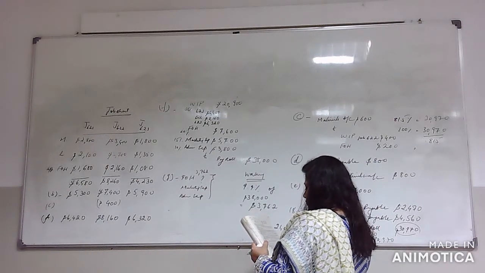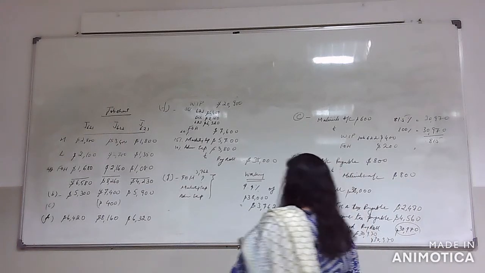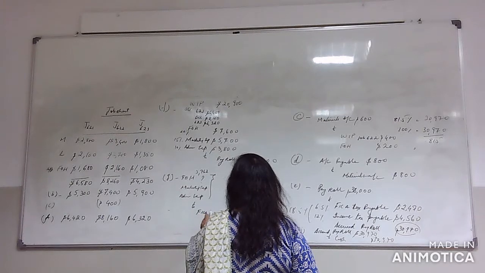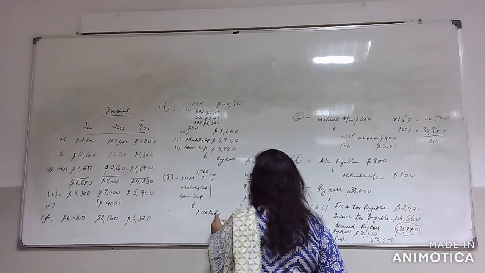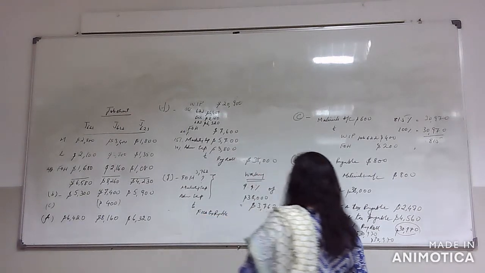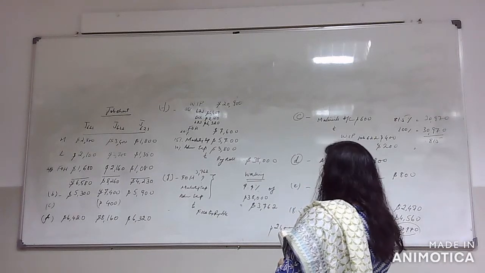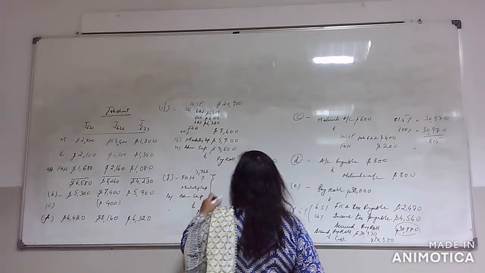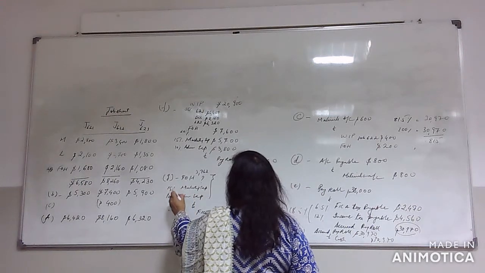So now FICA tax payable, let's just see how much is that. FICA tax payable. Okay, so now we know that administrative expenses were 10% and marketing expenses were 15%.